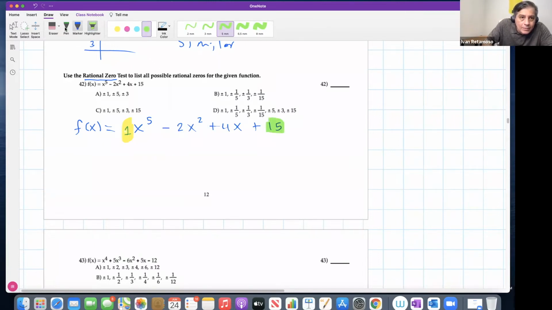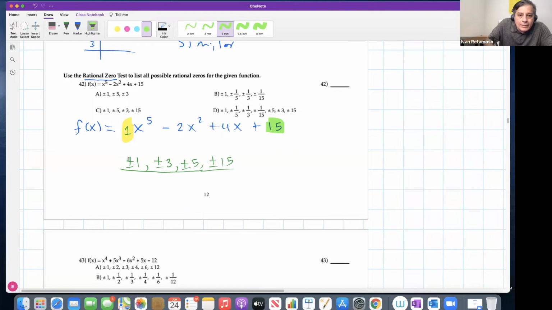So these possible rational zeros are given by this. Divisors of 15: plus minus 1, plus minus 3, plus minus 5, and plus minus 15 itself. These are divisors of this guy.